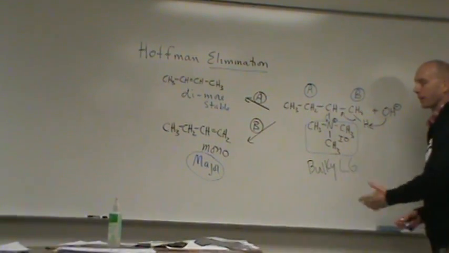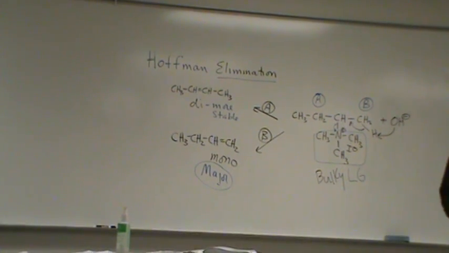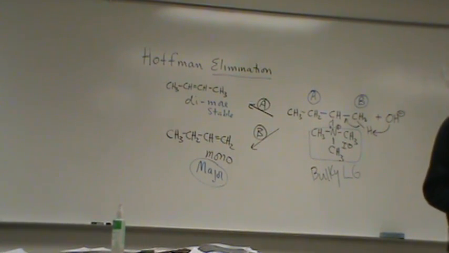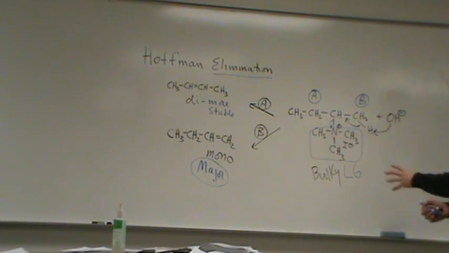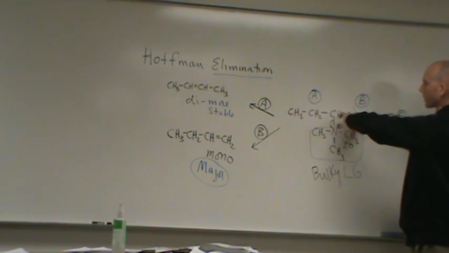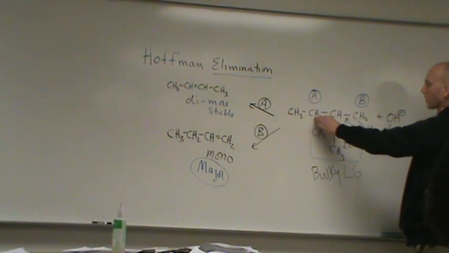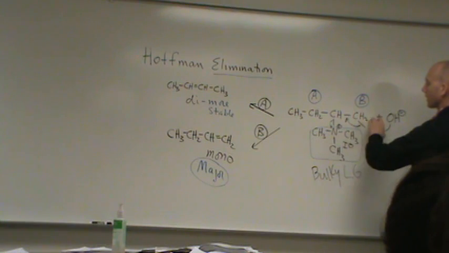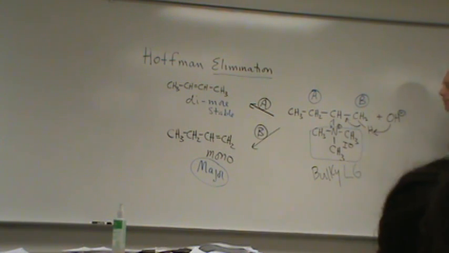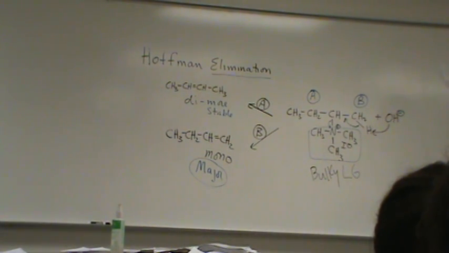So when you think of bulkiness, what word comes to mind? Sterics. So this thing is going to cause steric hindrance, and so make these A hydrogens harder to attack than the ones on the end, the B hydrogens. Okay?